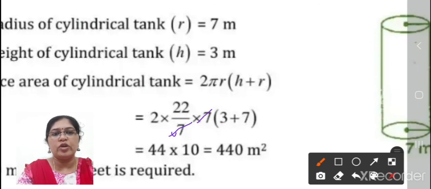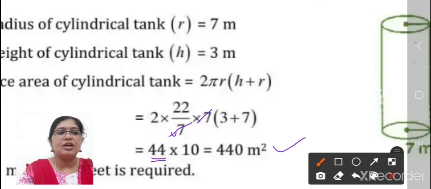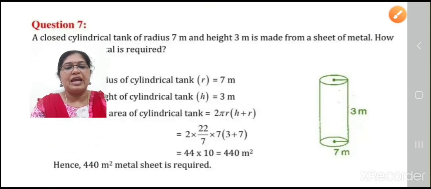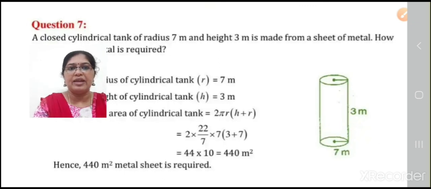The rest is 2 into 22, equal to 44, into 3 plus 7, that is 10. So 440 meter square is the total surface area of the cylinder. Hence, 440 meter square of metal sheet is required. It is very simple, you are just applying the formula. Okay, now we'll go to the next question.